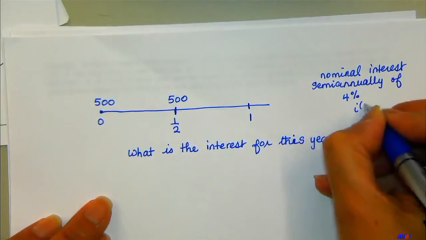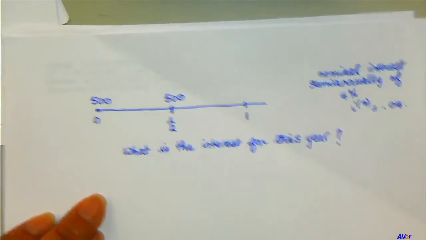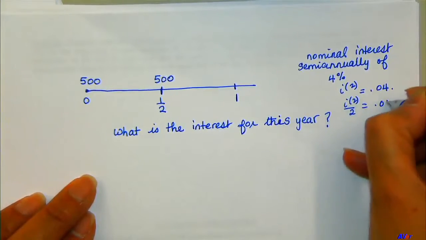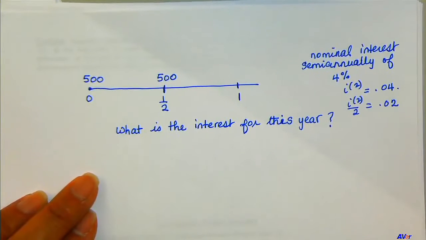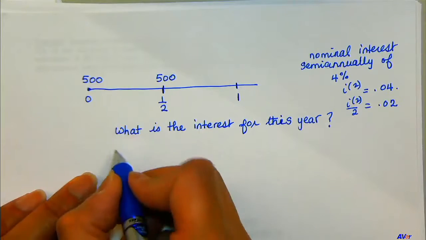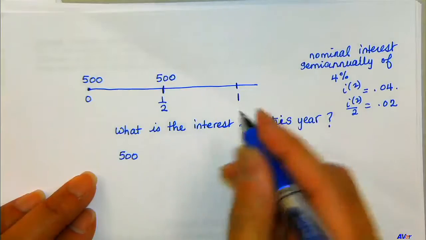So I'm saying that I2 is equal to 0.04. So I2 over 2 equals 2%. So that's my 6-month rate. So go ahead, grow it for me, will you? 500. Let's grow this to time 1. Go.